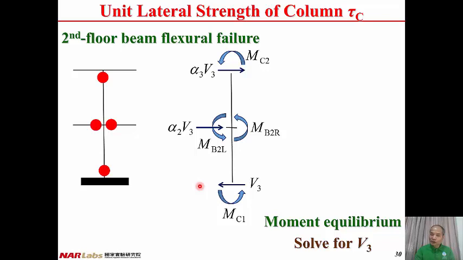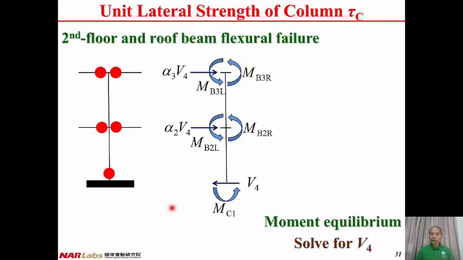From the reinforcement, we can have the information MC1, MC2, MB2L, and MB2R. And then from the weight and elevation of the floors, we can have the coefficients for the vertical distribution of the seismic force, alpha 2 and alpha 3. Therefore, in this free body diagram, only V3 is unknown. And from moment equilibrium, we can solve for V3.